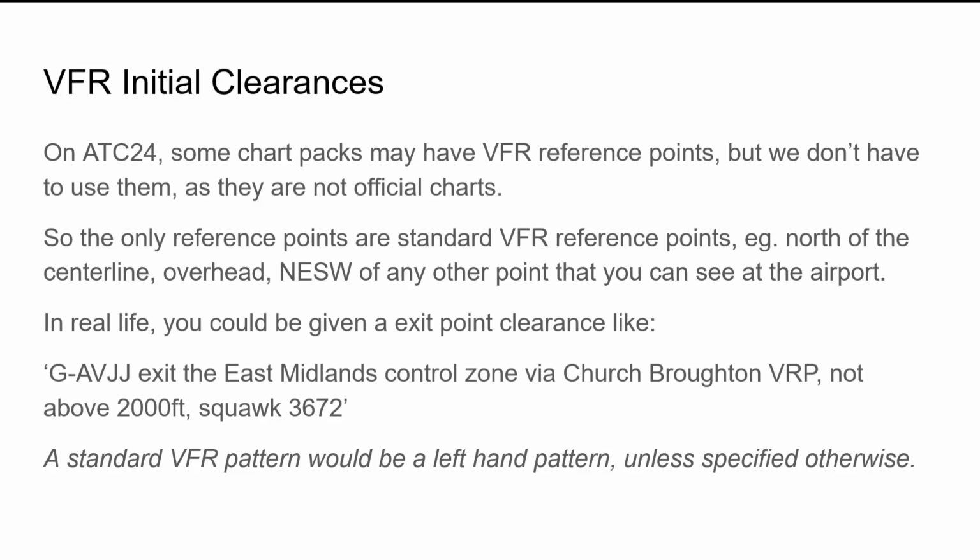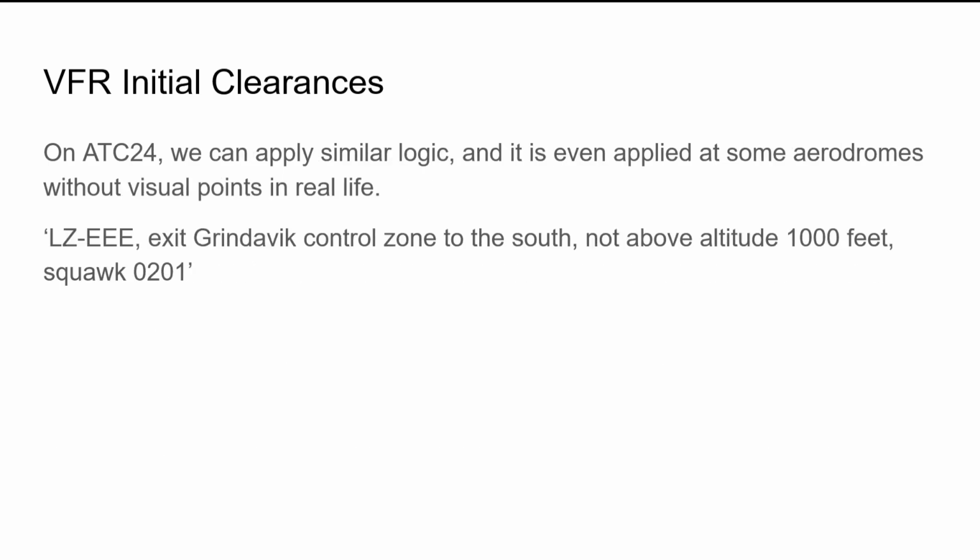Now, we also have to take into account, with the next part, a VFR circuit pattern would be a standard left-hand pattern, unless your air traffic controller tells you otherwise. Else, you would just fly a standard left-hand pattern. On ATC-24, we can apply very similar logic, and it is applied at some aerodromes without visual points, even though most do have visual points.